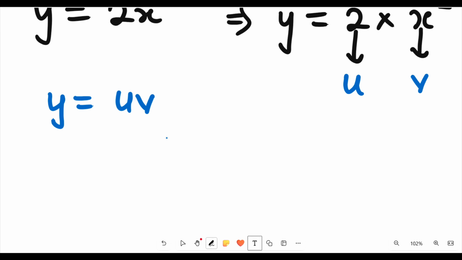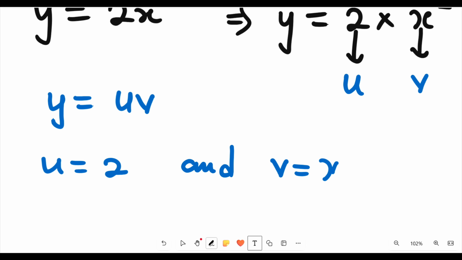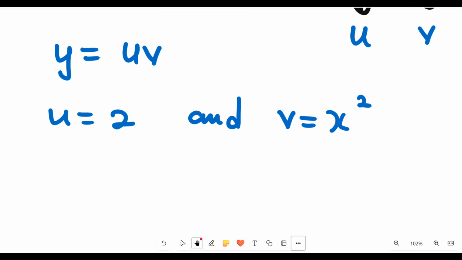You can see that we have y in terms of u and v, but u is equal to 2 and our v is equal to x squared. Now, how do we differentiate?